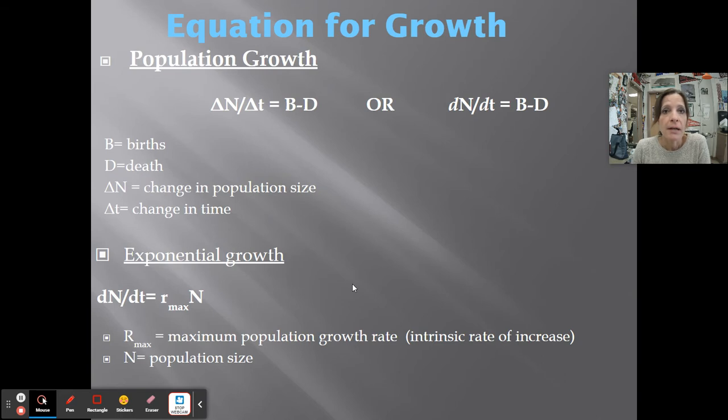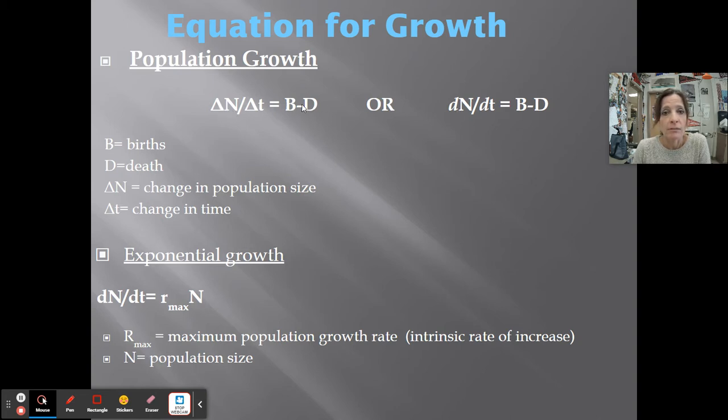So we're going to talk about some ways to calculate growth of populations. So with this one, you have your equation sheet, and if you look at growth rates, you'll see this equation right here. Sometimes people talk about delta N, like delta means change.